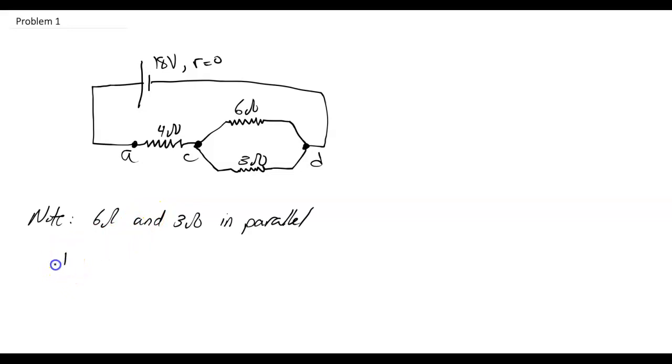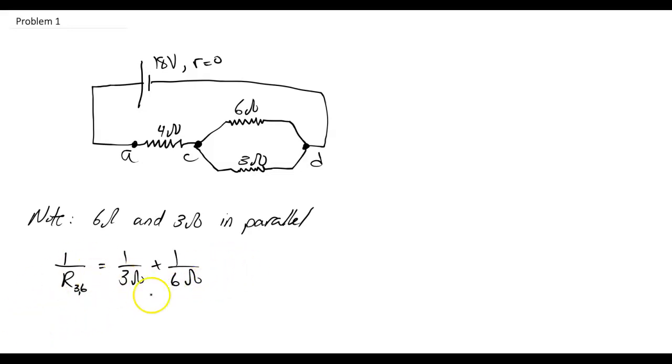The equivalent resistance, let's call it R 3/6 for the 3 ohm and 6 ohm, is going to be 1 over R equals 1 over the 3 ohms plus 1 over the 6 ohms.